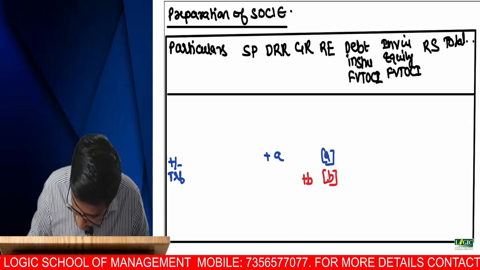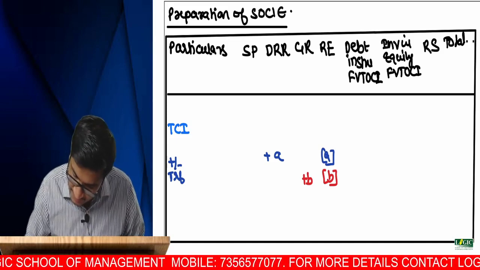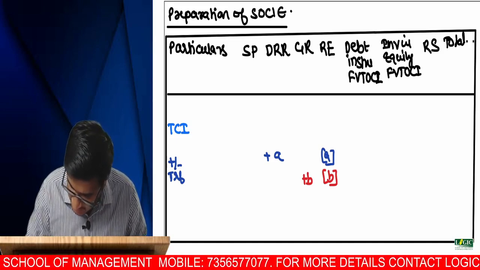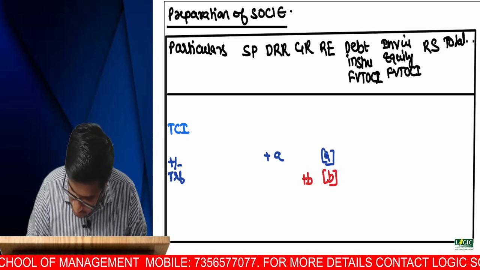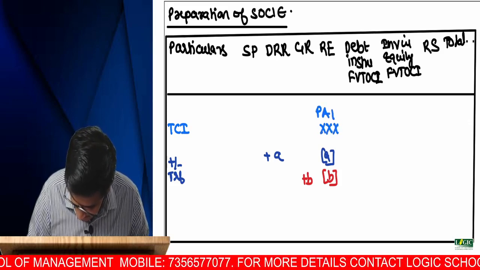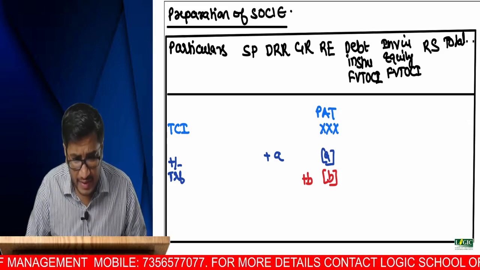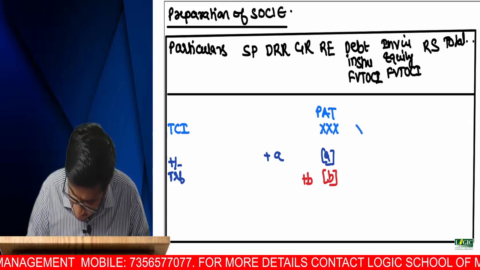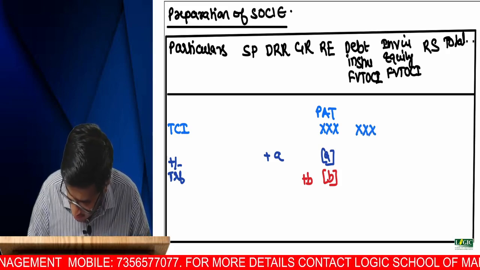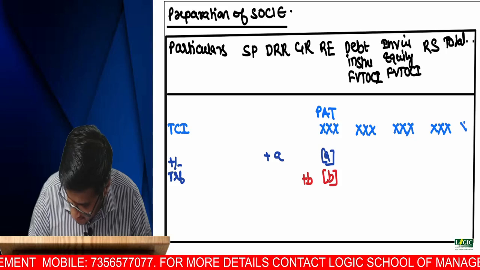And from your statement of P&L, we take what? Total comprehensive income. What we have seen is retained earnings. We had our PAT. Basically, PAT will get added here. And if there are any components under OCI, those items will be added respectively.